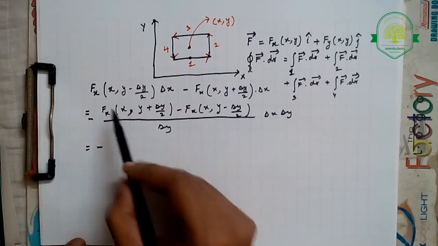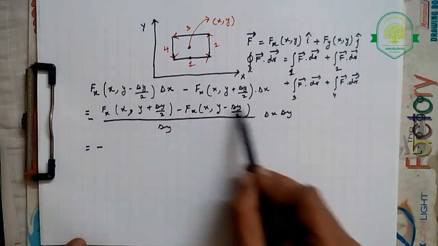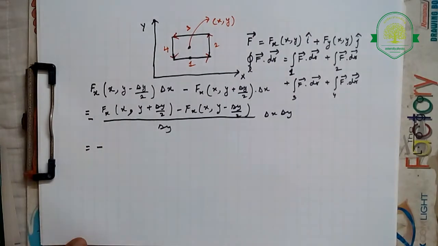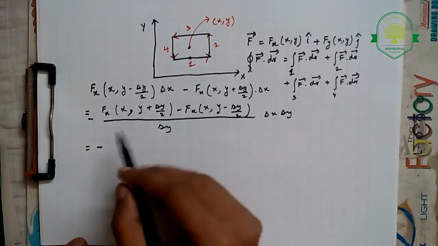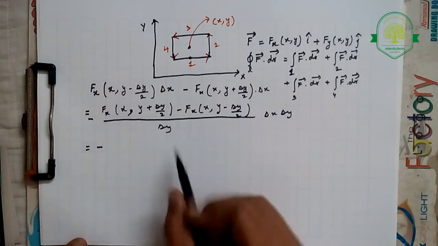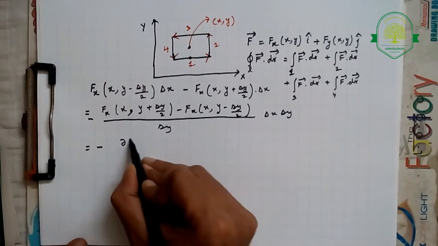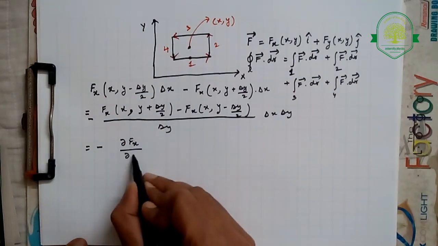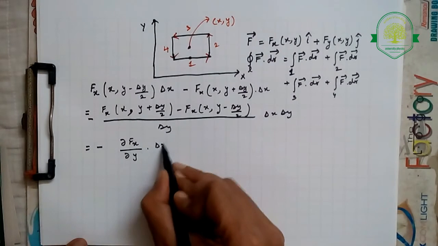I hope you can see that this is just the definition of the partial derivative of fx with respect to y. This is the rate at which the x component of f changes with respect to y. So this is just minus the partial of fx with respect to y times delta x delta y.